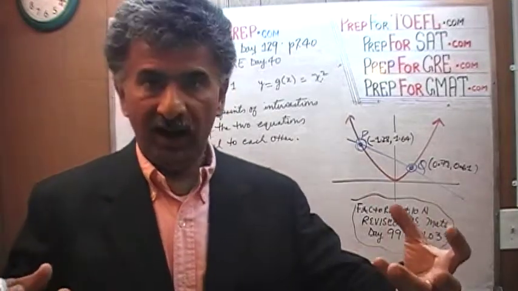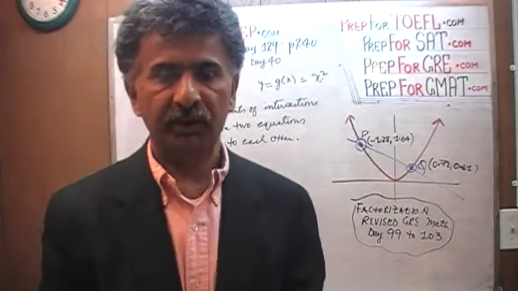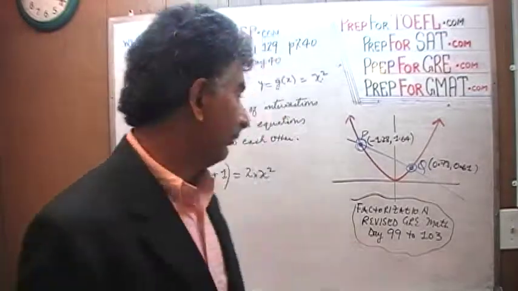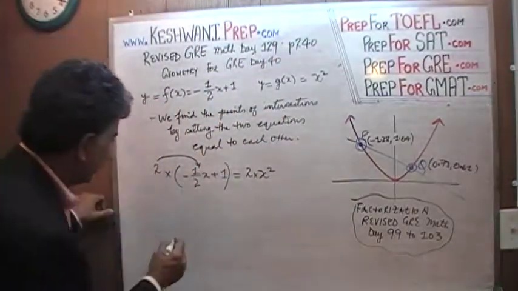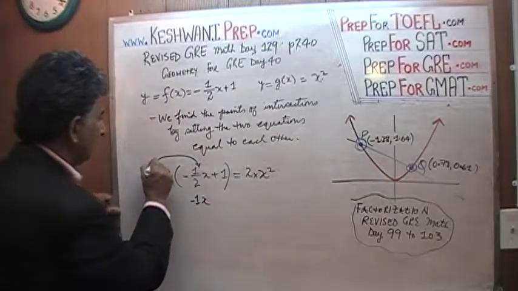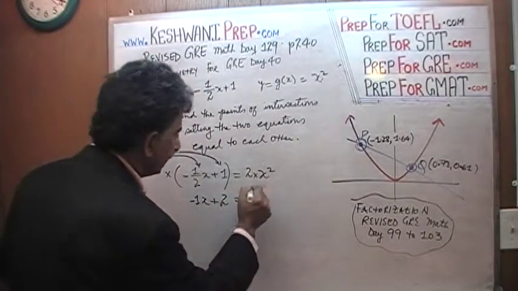Of course, if you have 2 halves, put them together, you get a whole pizza. Half a pizza and half a pizza, 2 halves make a 1. So 2 times half is 1, therefore 2 times negative half would be negative 1. Negative 1x, and then 2 times 1 is simply just 2, and then here we get 2x squared.